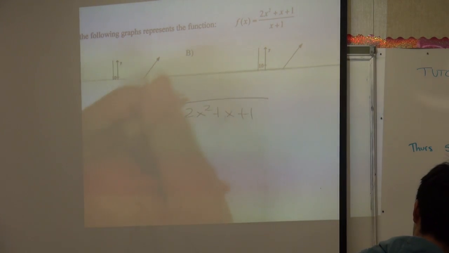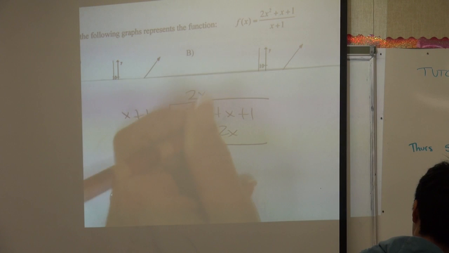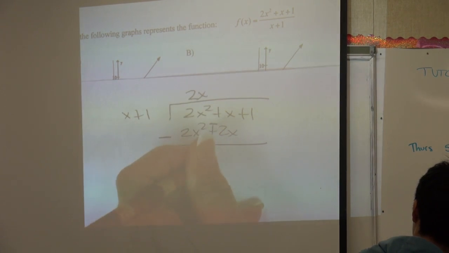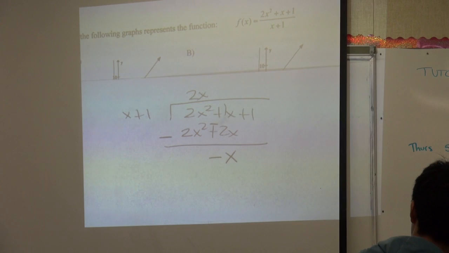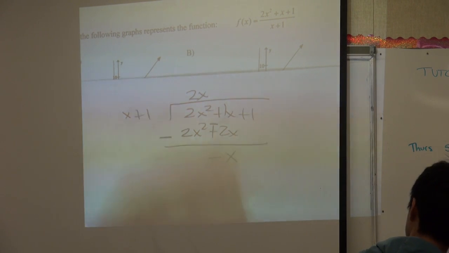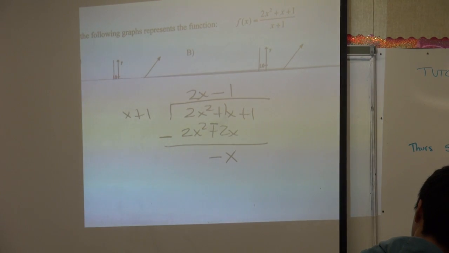And you know that you're going to get a 2x. Negative x. And now you get a negative x. So you get that your slant asymptote is going to be y equals 2x minus 1.